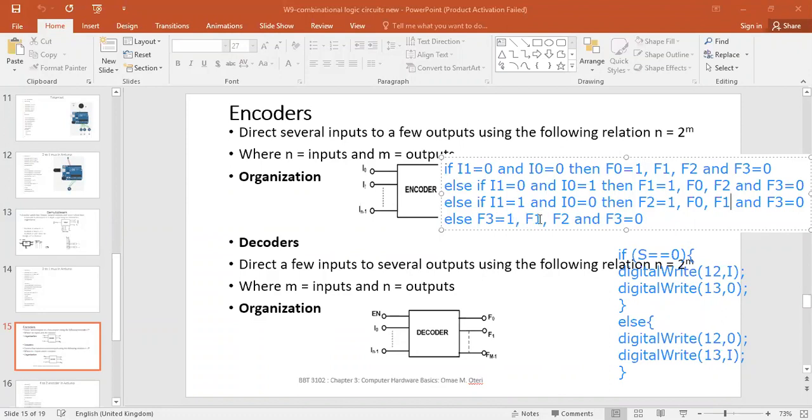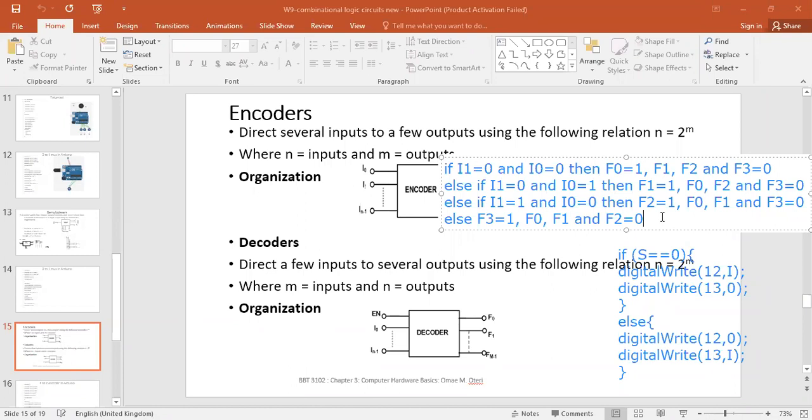Then we'll be left with F0, F1, and F2 being zeros. Now that's correct. And thank you for indicating that. Actually, it becomes very easy if you look at it. You're just changing that truth table into a set of code in that form.